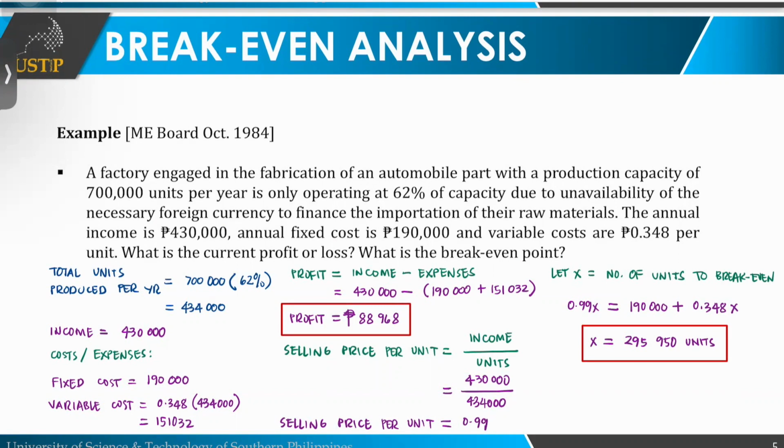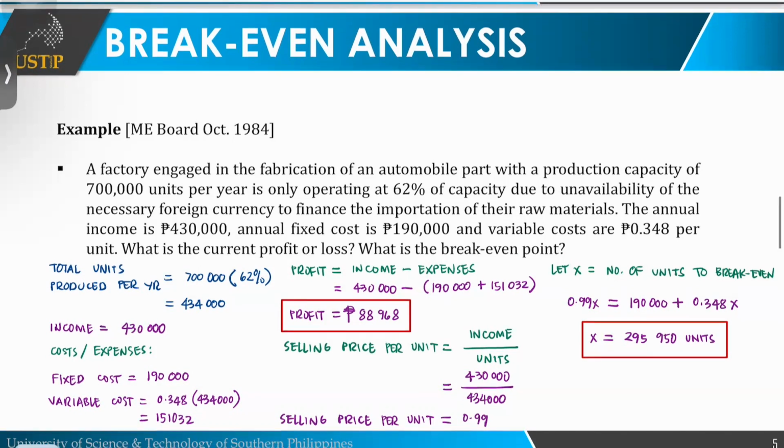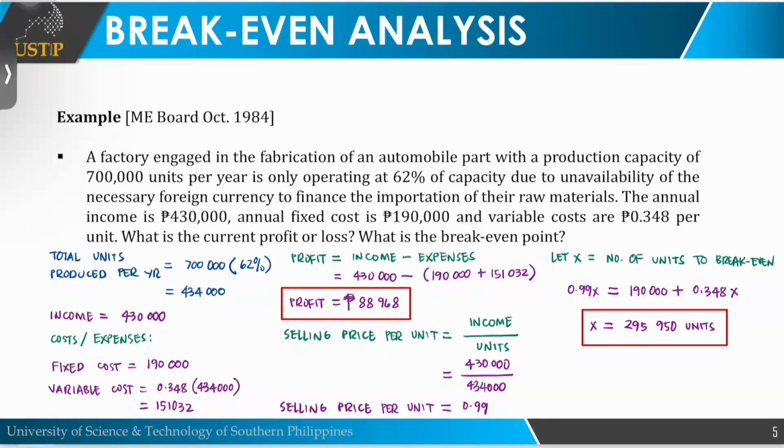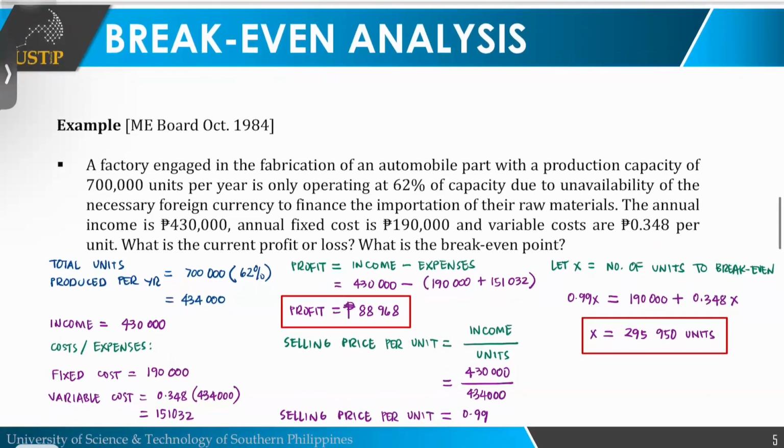The annual income is 430,000, annual fixed cost is 190,000, and the variable costs are 0.348 pesos per unit. What is the current profit or loss, and what is the break-even point? So that takes time to analyze, so let's take a look.